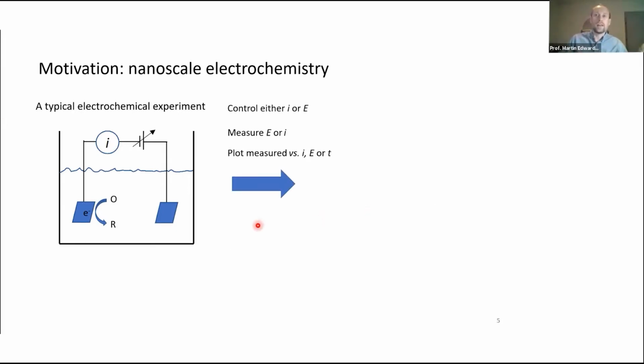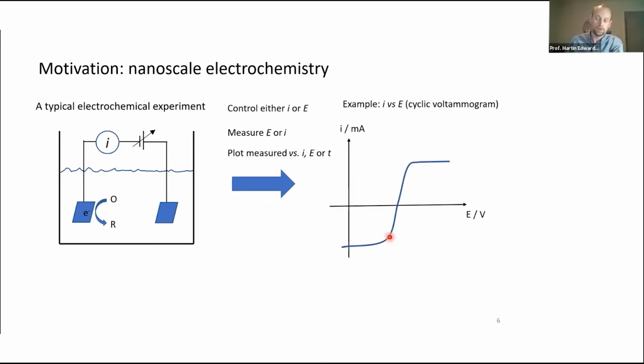And we'll plot that in a bunch of different ways, depending on the electrochemical technique. The most common example would be plotting a current versus a voltage response. In electrochemistry, we call that a cyclic voltammogram. The currents will depend on the size of the electrode and such like, but might be on the order of a milliamp or something like that.